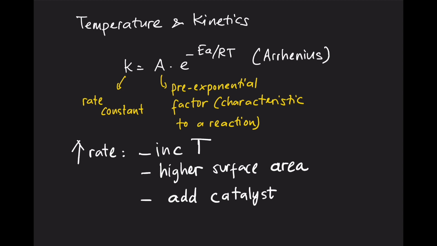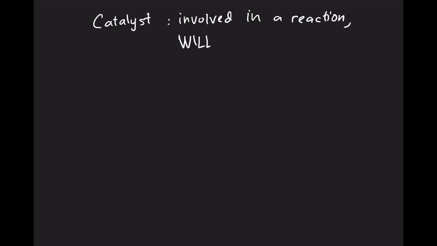Now, a catalyst is something that is involved in the reaction, so it also reacts. However, it will not be consumed by the reaction. So in the beginning, you have the catalyst.